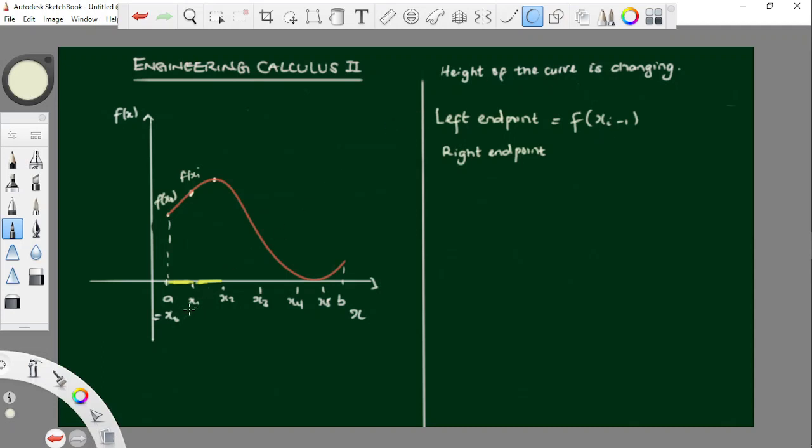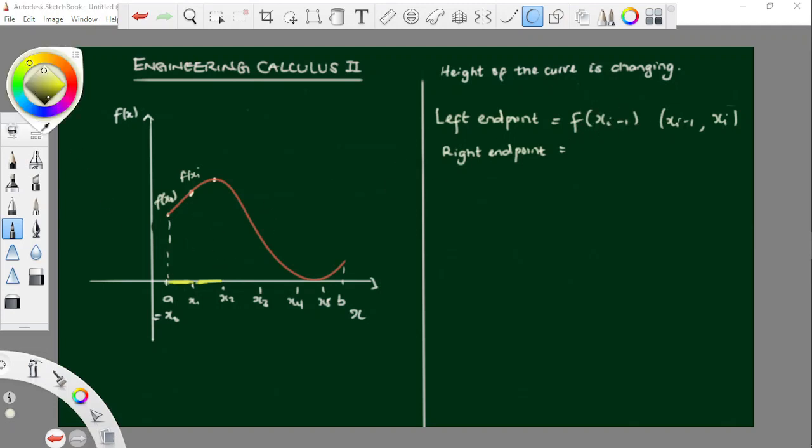So the one we're taking is x_{i-1}. I'm saying the interval of each rectangle is x_{i-1} to x_i. So our x naught, x1, x_{i-1}, x_i. So the height of the rectangle is going to be equal to x_{i-1}.